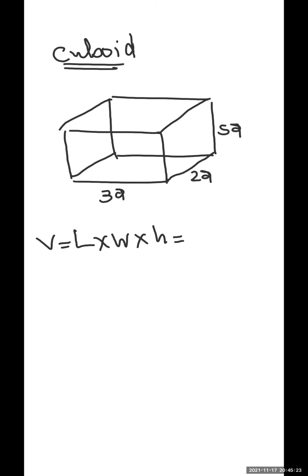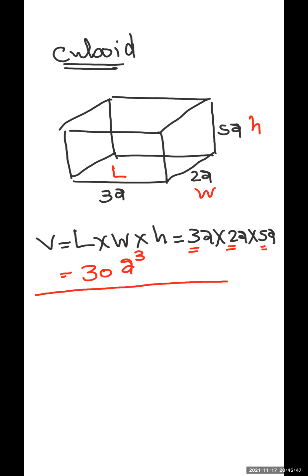So it will equal 3a times 2a times 5a, because this one is the length, this one is the width, this one is the height. So multiply the numbers: 3 times 2 equals 6, times 5 is 30, and a times a times a is a to the power 3. So this is the volume.